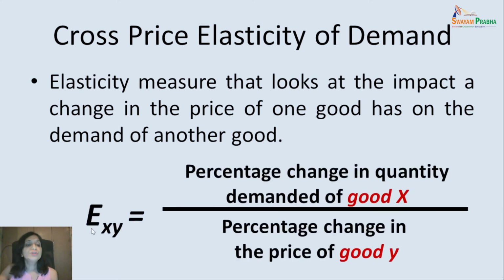So if there are two goods in question, X and Y, we say cross elasticity of demand is equal to percentage change in quantity demanded of good X divided by percentage change in the price of good Y. That is, we are taking the price of one good and saying that the change in price of this particular good, how much percentage change it has brought in the quantity demanded of another good X. So demand of one good is being compared with the price of another good.